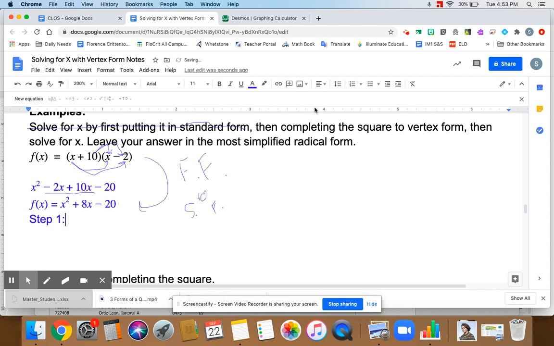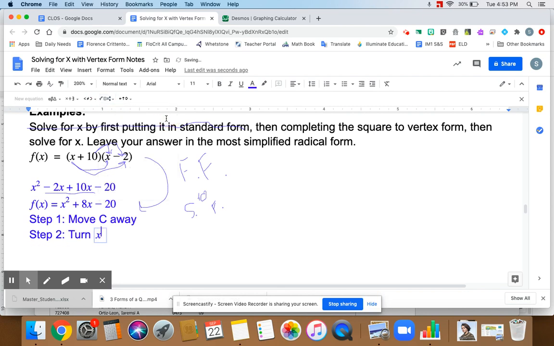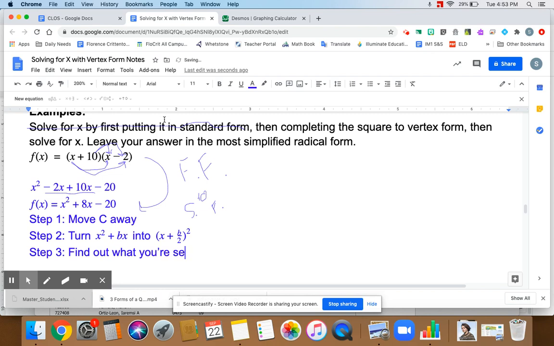Step 1, move C away. Step 2, turn an x squared plus bx into x plus b divided by 2 being squared. Step 3, find out what you're secretly adding.